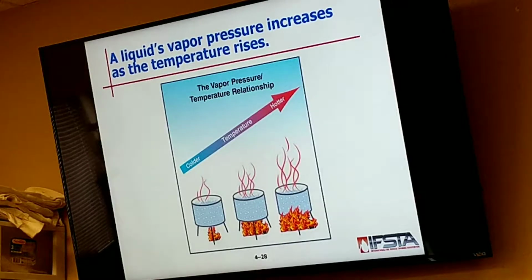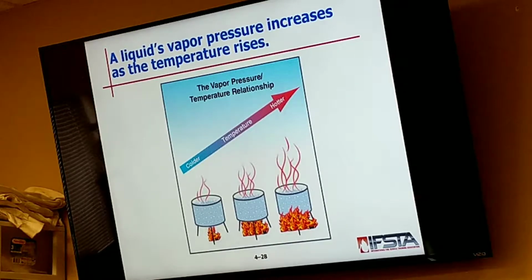The higher the temperature of the substance, the higher the vapor pressure will be. The vapor pressure of a material at 100 degrees Fahrenheit will always be higher than the vapor pressure of the same material at 68 degrees.